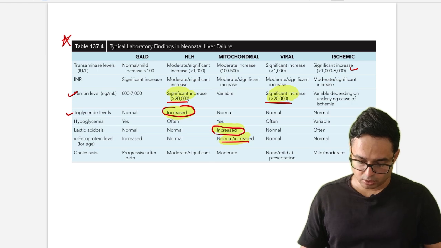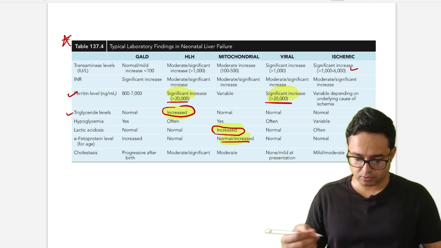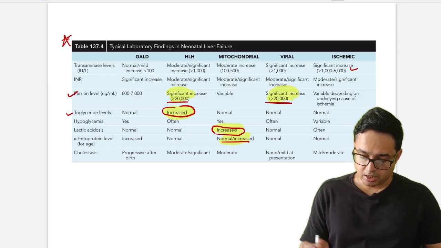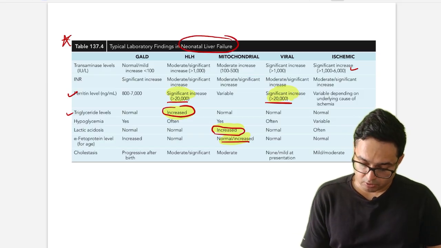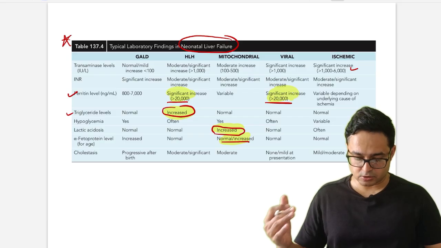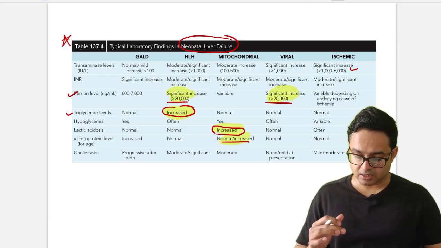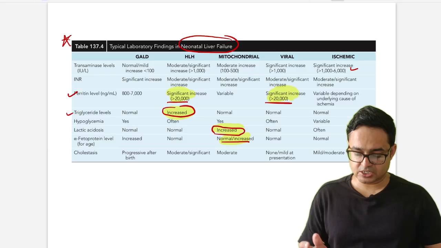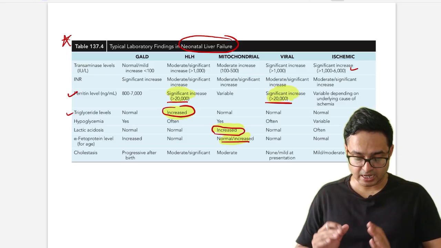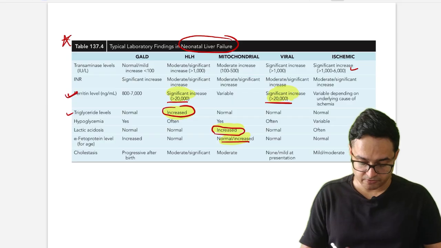Okay, so now we are going towards the hepatobiliary system of neonates. What are the neonatal liver failure causes? We'll discuss neonatal liver failure causes in detail also. Generally, we see gestational alloimmune liver disease, HLH, mitochondrial, viral, ischemic. How will you differentiate? Just see one thing: ferritin levels.